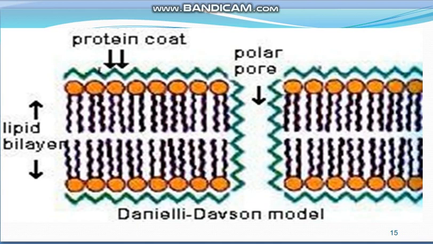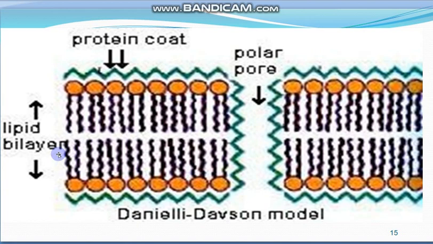According to this model, the plasma membrane is made up of three layers. And what are those three layers? One is the bimolecular lipid layer, or the bilayer of lipid. One layer is from this point to this point, and the other from this point to this point. These are two layers of phospholipids, or you can say simply lipids.